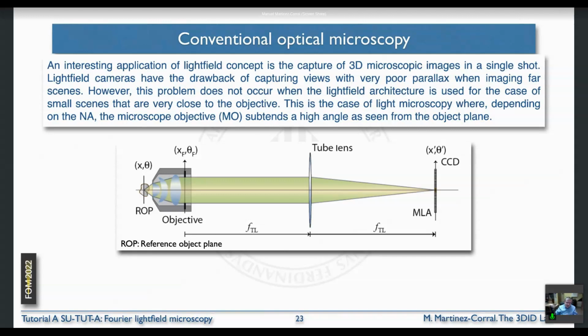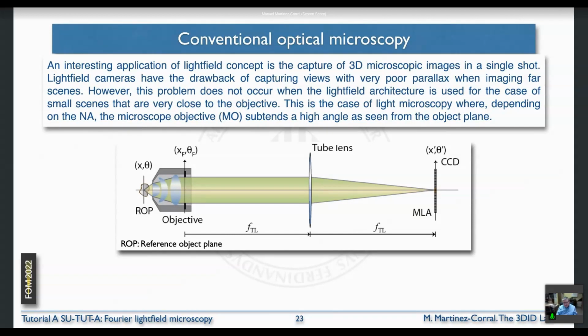But we can see that the angle under which the object is seen now is very high. In fact, it depends on the numerical aperture. The higher the numerical aperture of the objective, the higher the angle under which we are watching this object.